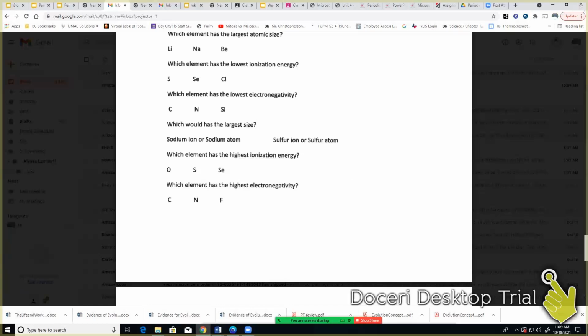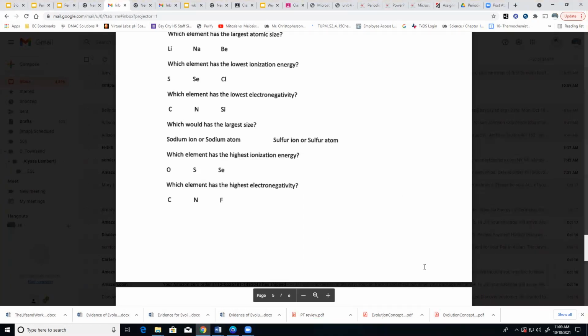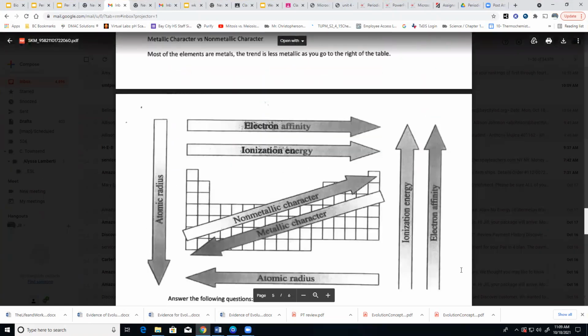So which element would have the lowest electronegativity? Si, let's go back and look at that one because I have nitrogen. Let me write those on there.